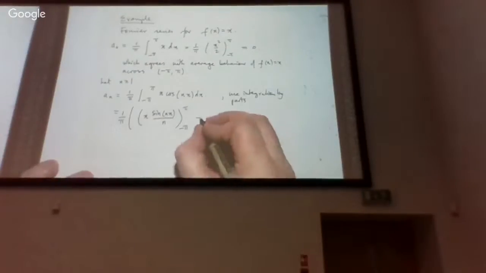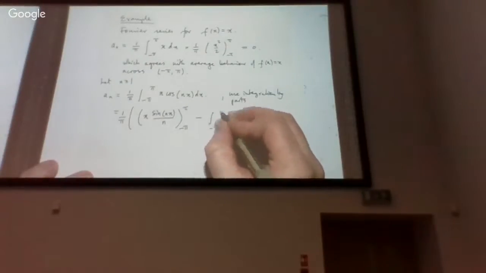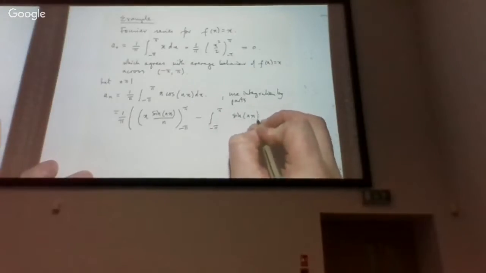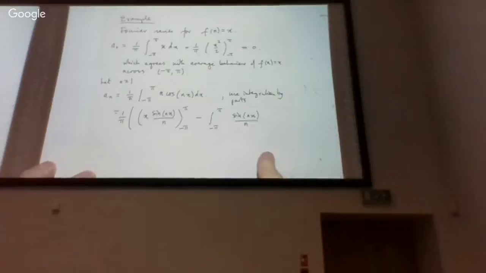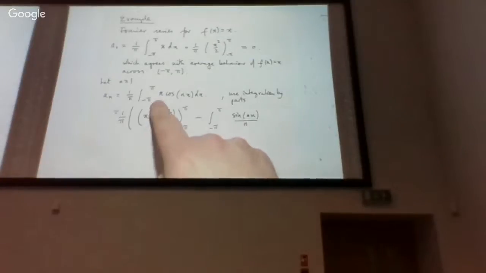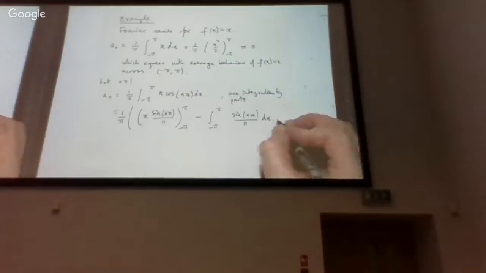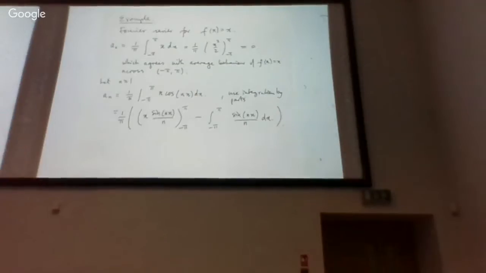Then we subtract the integral from minus pi to pi of sine of nx over n, multiplied by the derivative of the other factor x. The derivative of x is just 1, so I have an extra factor of 1 in there, which I'm not going to bother to write down. So that's the integration by parts.